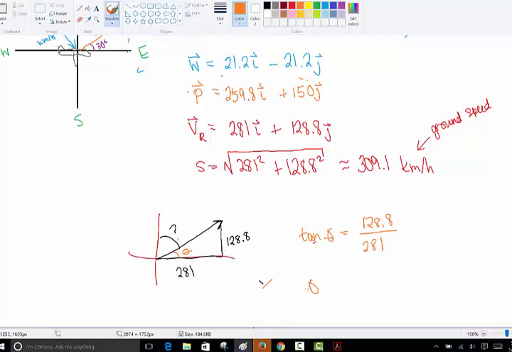And so theta will be inverse tangent of that, and I get 24.6, which means the angle we're really looking for is 90 minus that, or 65.4.